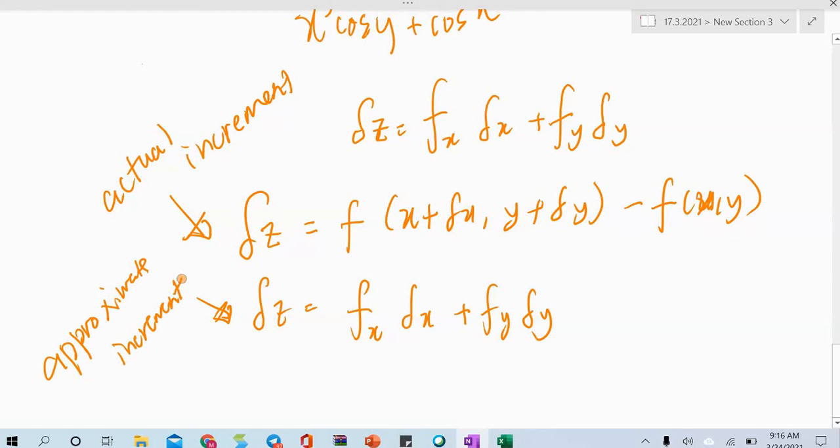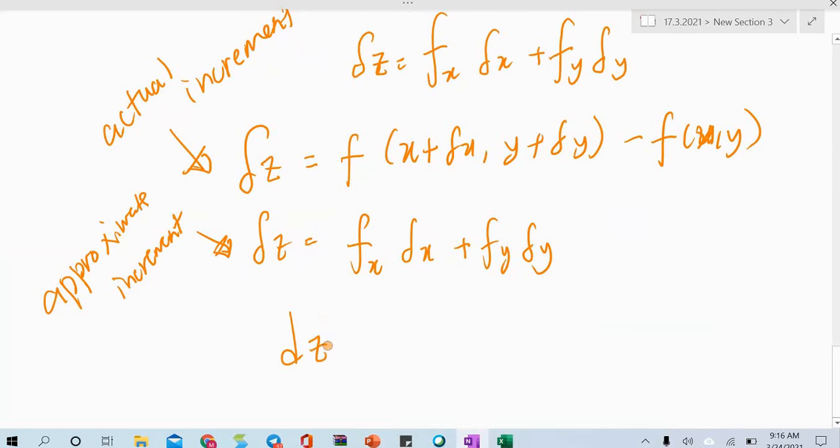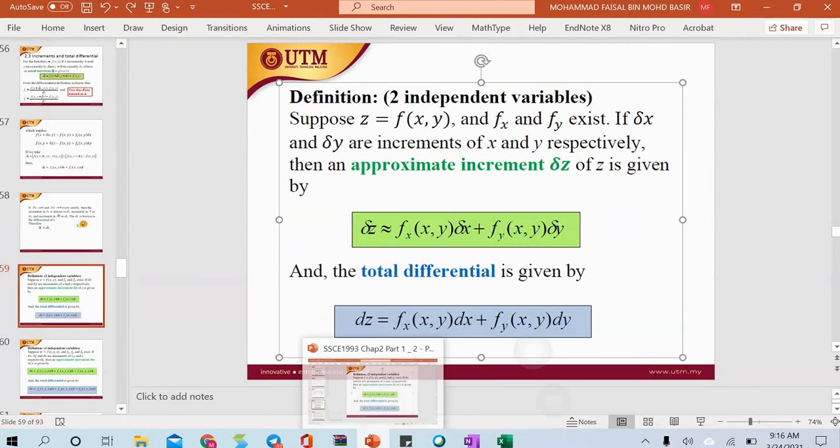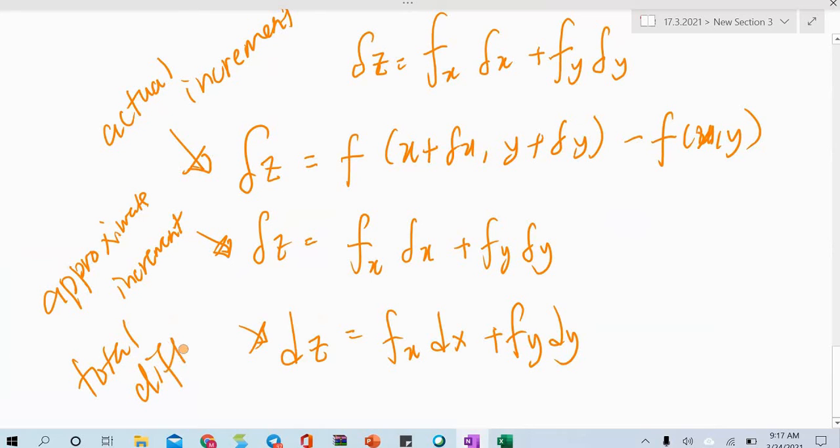Another one is this, the total differential dz equals fx dx plus fy dy. This is the total differential. So make sure you know these three formulas. You have to know these three formulas only. You don't need to derive this formula, you just have to memorize it.